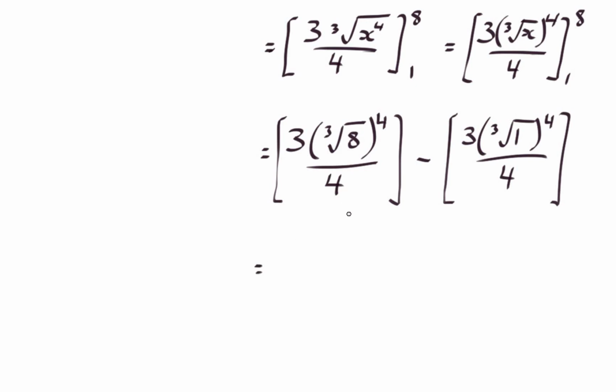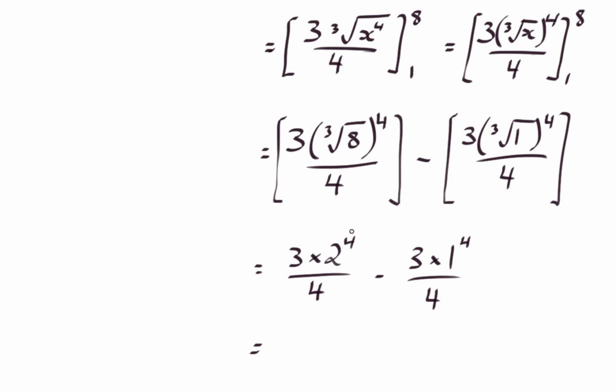See, the cubed root of 8, that's just 2. So I can write this as 3 times 2 to the power of 4 over 4. And this one's nice. The cubed root of 1 is just 1, and 1 to the power of 4 is going to be 1. So that's nice and easy. And now this is a little bit nicer to deal with rather than 8 to the power of 4.